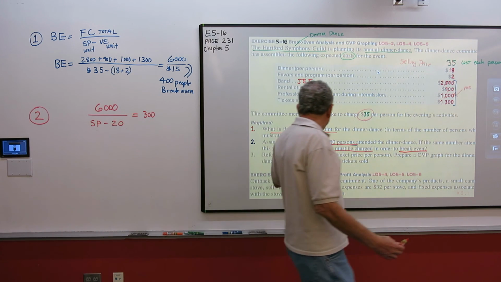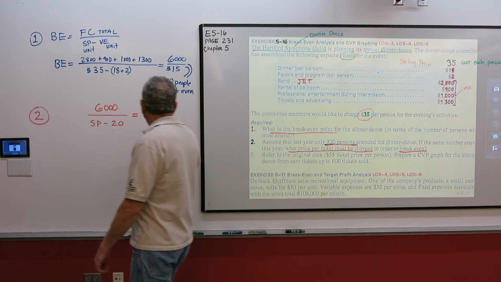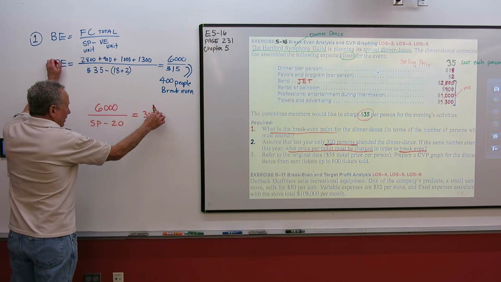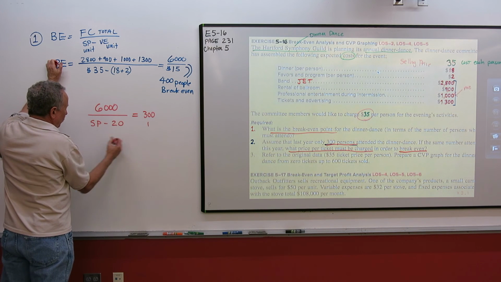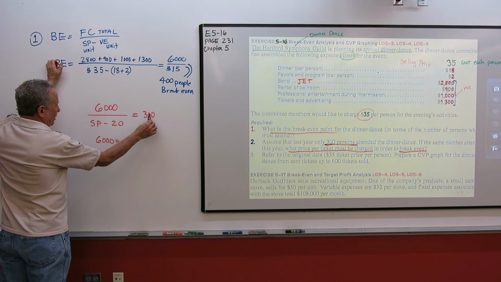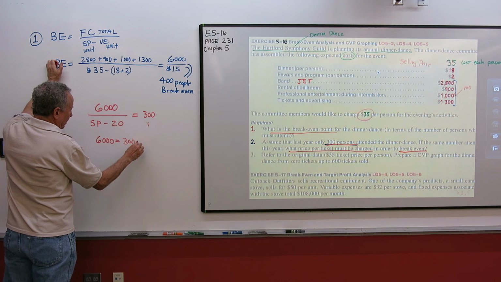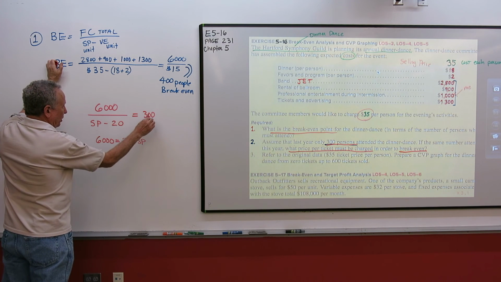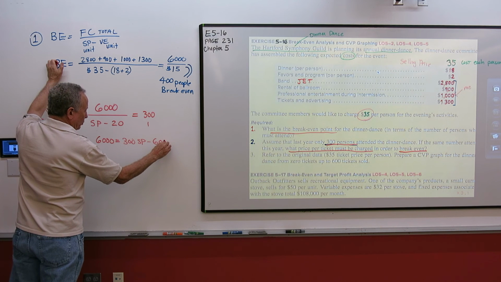They say, what price per ticket must be charged? Well, in this case, let's just cross-multiply. Let me see, 6,000 times 1 is 6,000. And again, 300 times SP, that's 300 SP times the selling price. 300 times a negative 20 is negative 6,000.